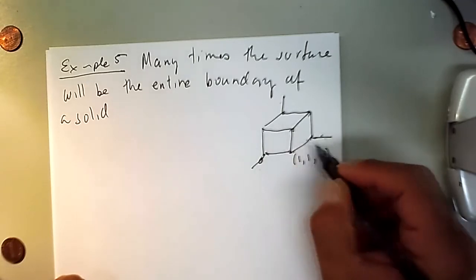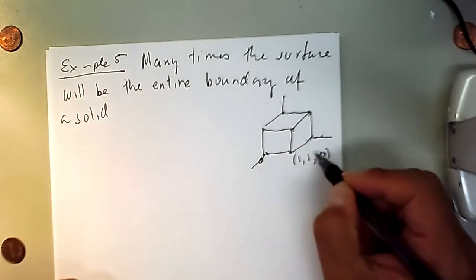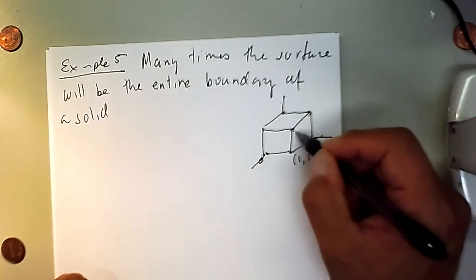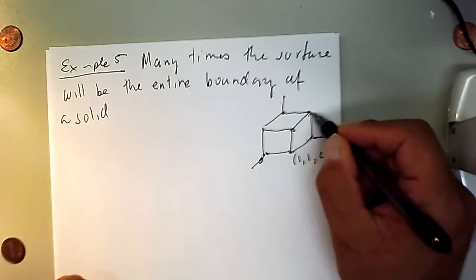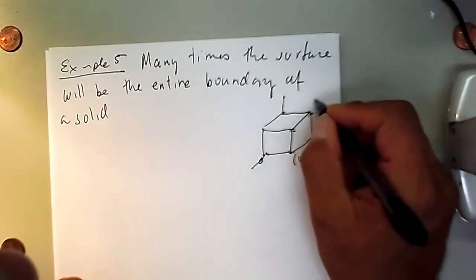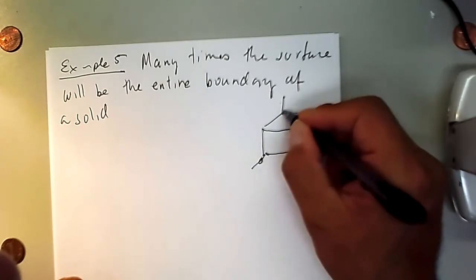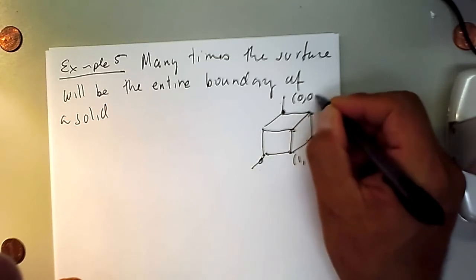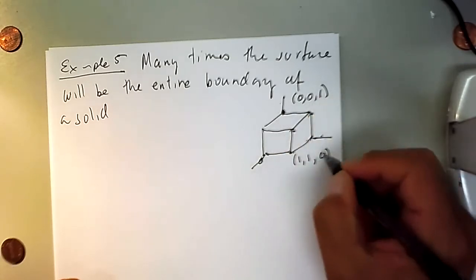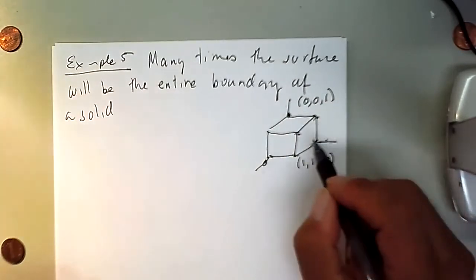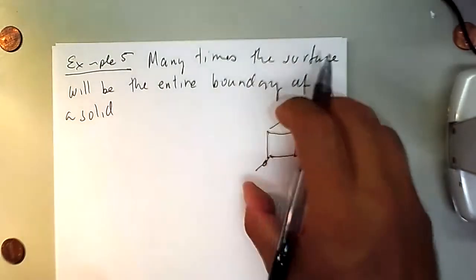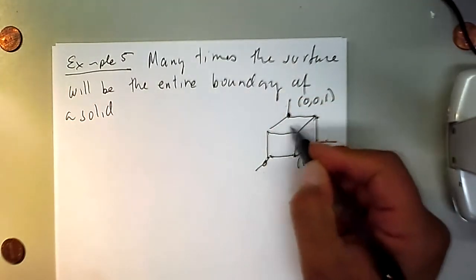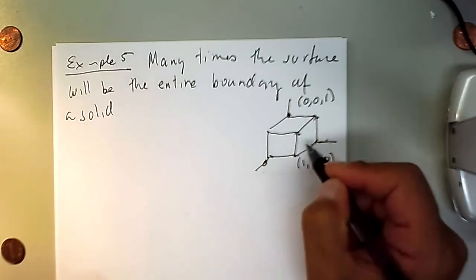I don't want to put coordinates everywhere because then the picture doesn't look as nice. But that would be 1, 1, 1. This is a, no, it's 0, 1, 1. And this back point, let's put this one here, is going to be 0, 0, 1. And we have a perfect cube. So the surface is all of that, all of it, the 6 faces.